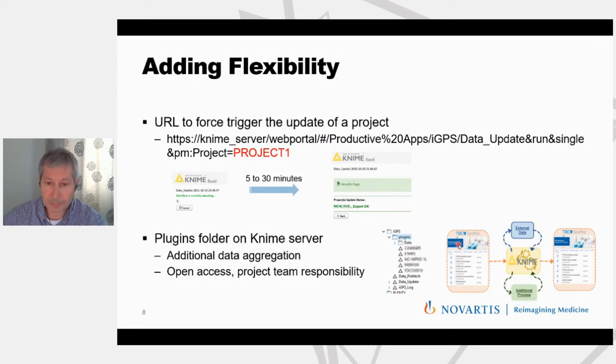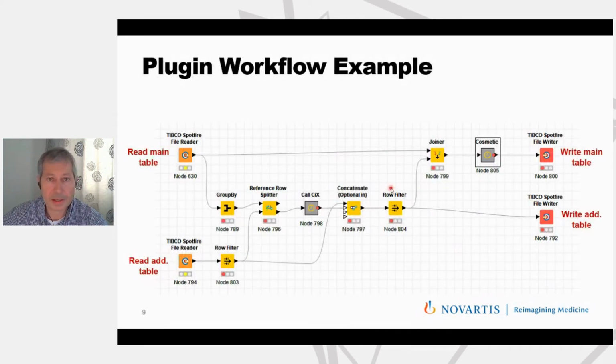So now I give you an example of a plugin workflow. This workflow joins some calculated property to the main data table. Since this process is, in this case, quite time-consuming, the computation is done only on newly added structures, using the reference row splitter node.